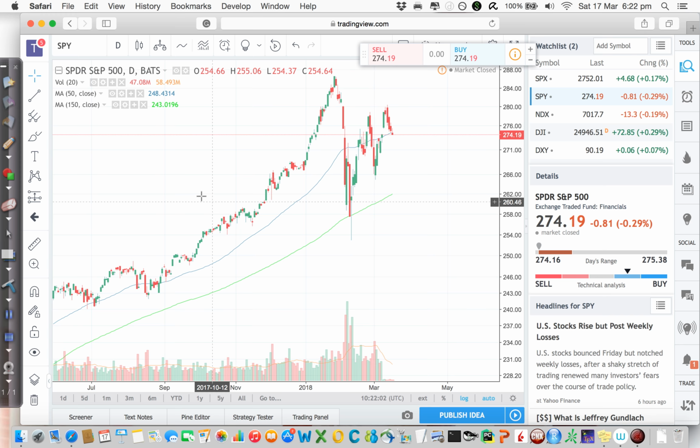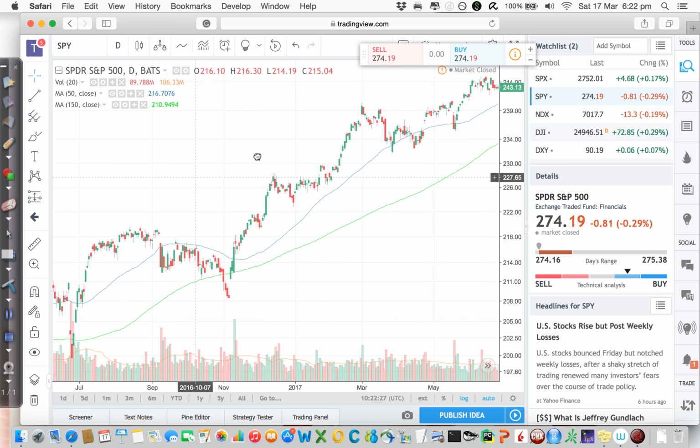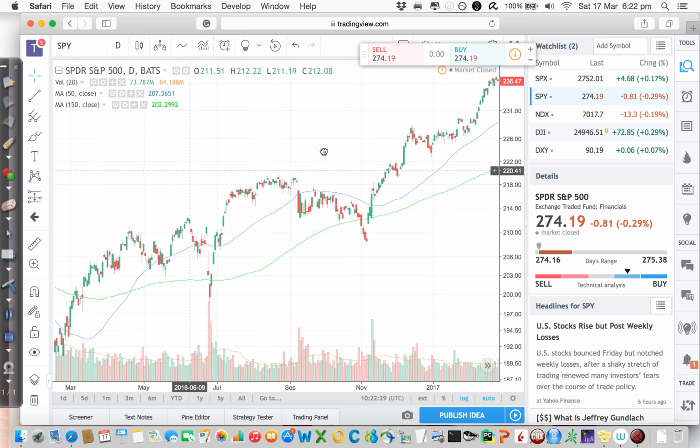Okay, so what is the rule now? The rule is that when the moving average, the faster one, is above the slow moving average and both are sloping up, this is an uptrend. And at the same time, when in this case the 50 is below the 150 and both are sloping down, then this is a downtrend. And we can see that here we are still in an uptrend.